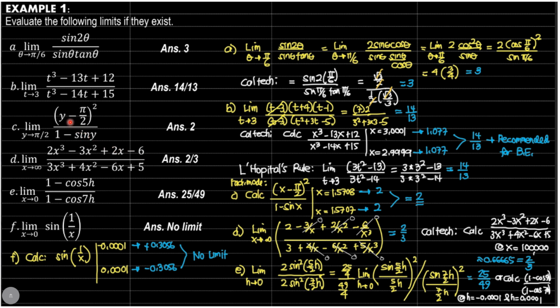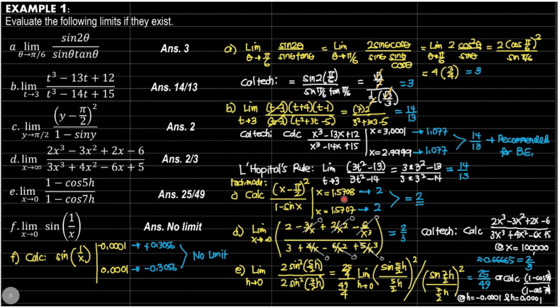Then pi over 2 is 1.57 something. So that's why we have to substitute values just to the left and just to the right of pi over 2. So pi over 2 to 7 significant figures is 1.570796.